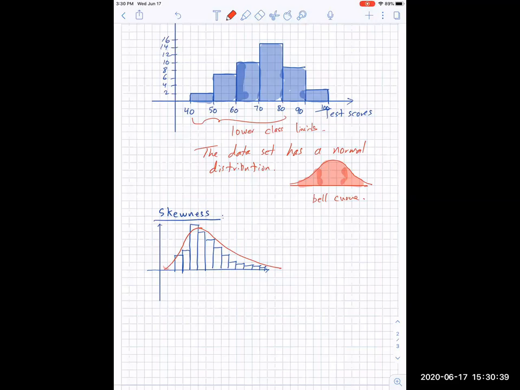You can see that the highest bar is here, not exactly in the center.